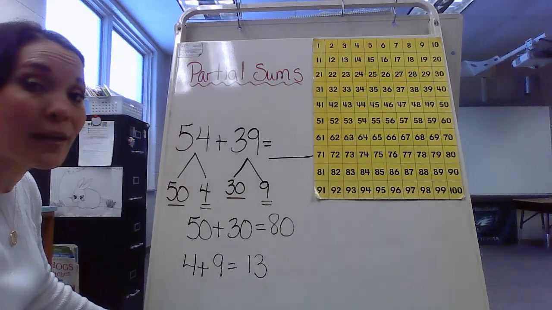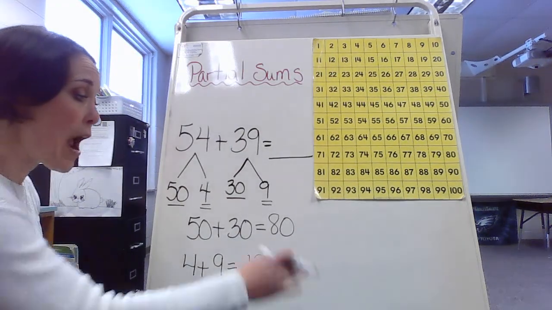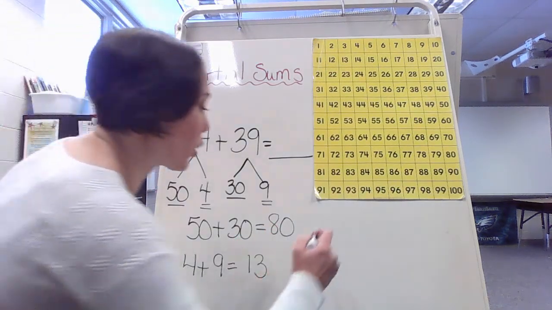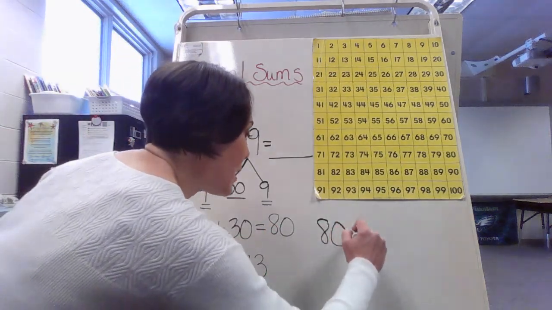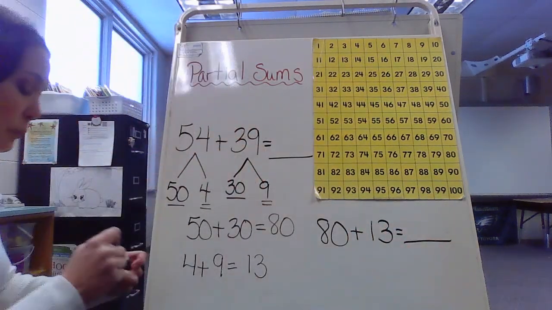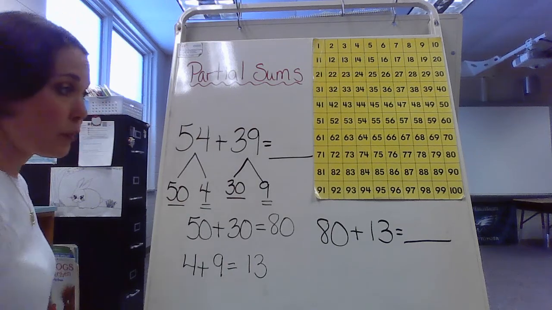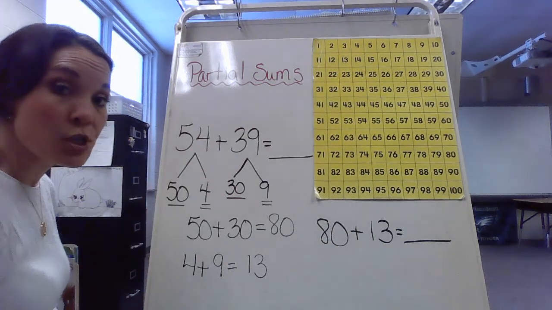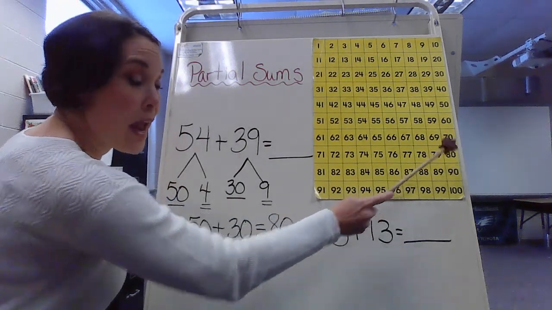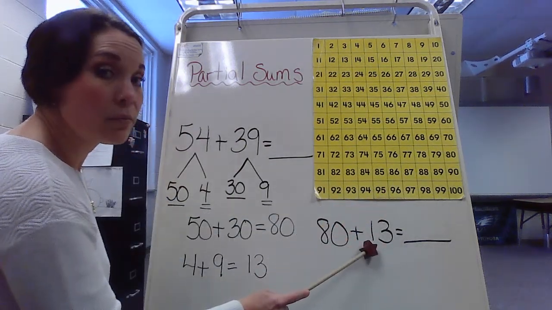But we are not done because we still need to add our tens and our ones together. So we're going to be looking at 80 plus 13 equals. I could definitely use my hundreds chart as a help here. So I could go 80 and then 13 more.